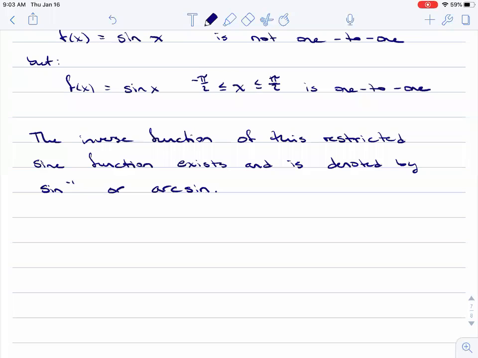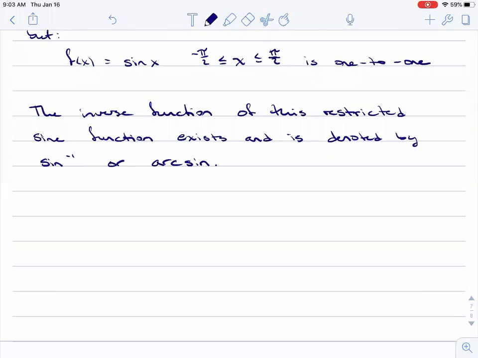Applying that same method to cos and tan, we can find the inverses of those as well.